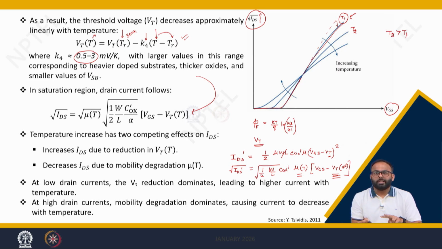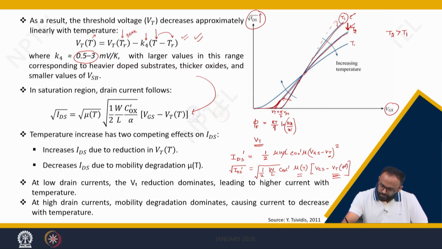Two effects will occur simultaneously. First, the threshold voltage reduces, so the curve shifts to this side, because this point gives you the threshold voltage, which is nothing but Vt plus alpha by 2 into Vds. The point shifts to the left, as we have mentioned here. Second, the mobility also reduces. The current will increase like this, but the mobility, which enters the drain current equation, reduces the current at this point. So, you are getting a decrease in the current.